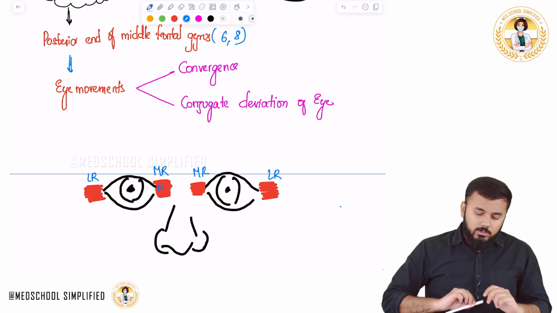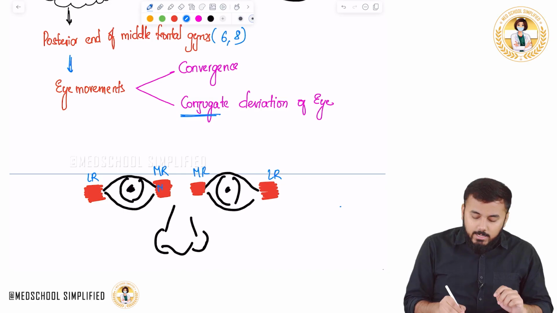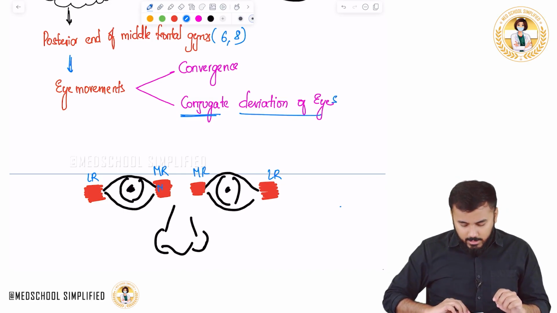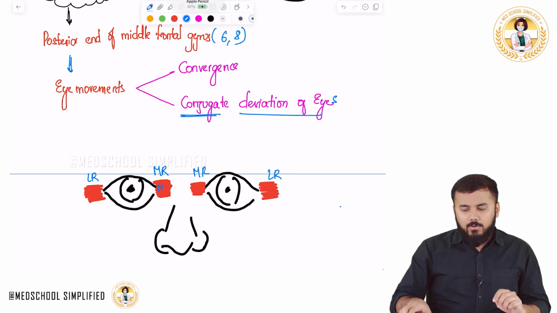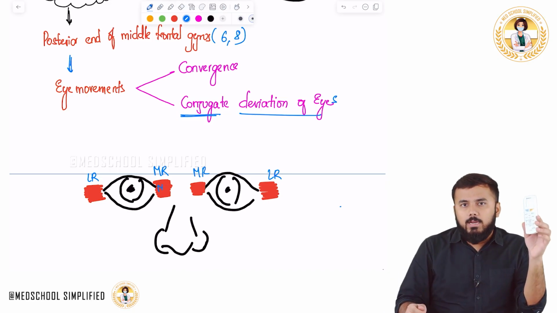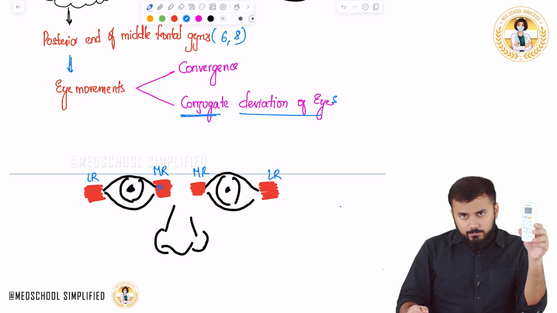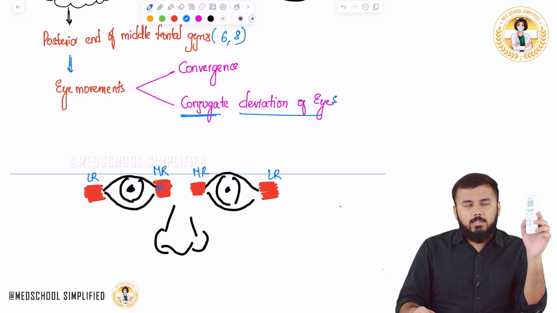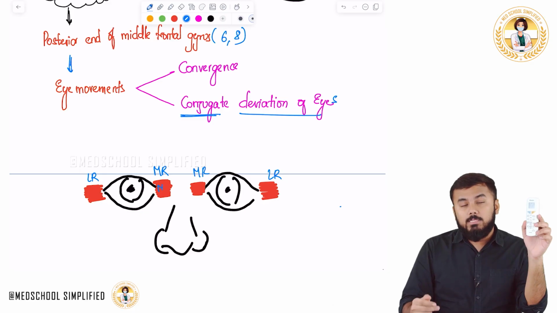Second important thing, what is conjugate deviation of eyes? What I mean by conjugate deviation of eyes is that, for example, if I put an object, let us say, to my left, and I tell you to look at the object, I will look at the object like this. Now, when I'm looking at the object, both my eyeballs are looking there, but two different muscles are contracting.